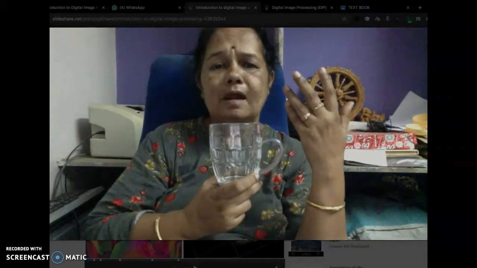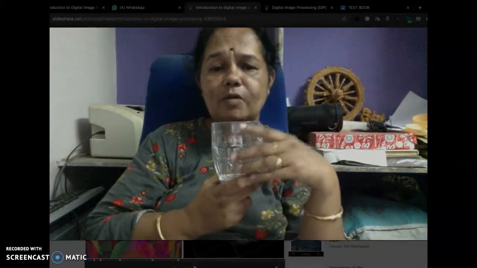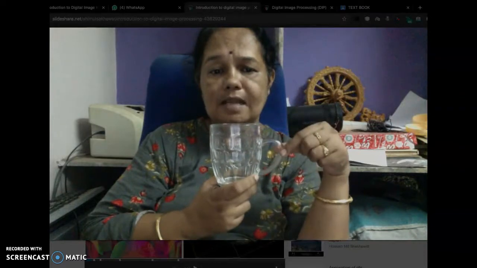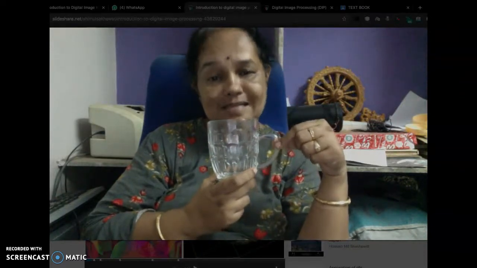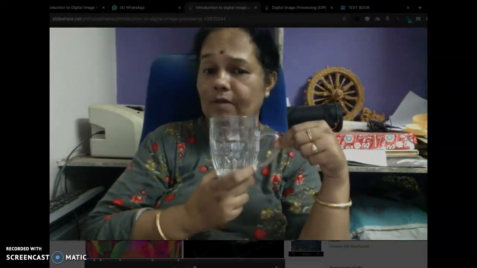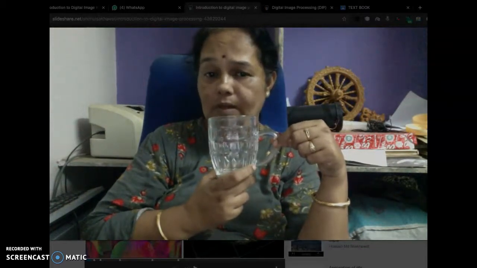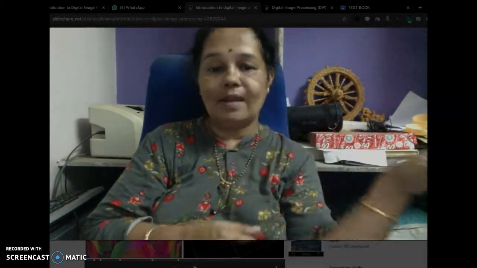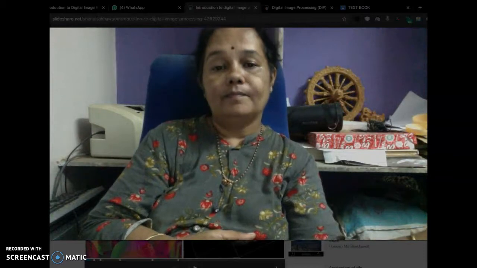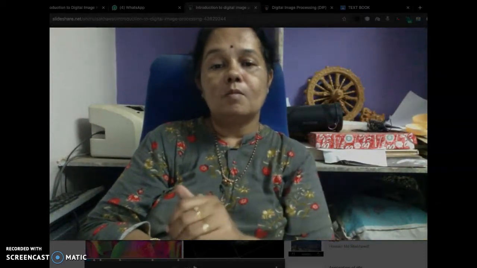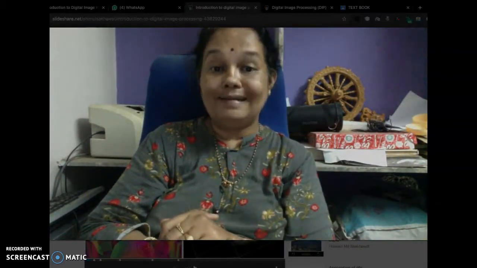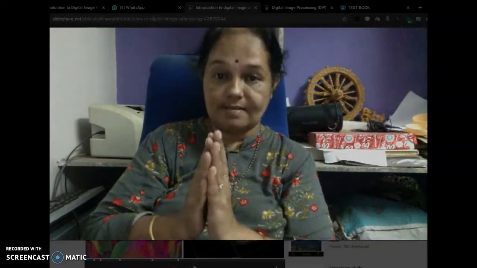About hundreds of sentences are to be spent to describe this single object, and despite that, complete information could not be given. That is why it is said that a picture is worth more than 10,000 lines.